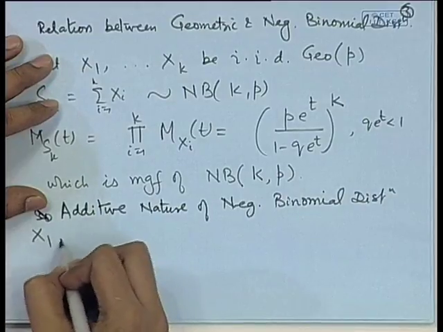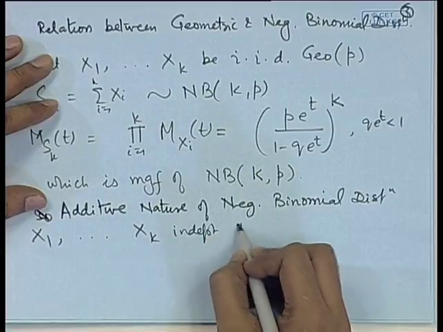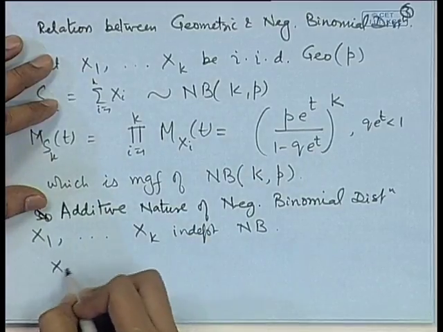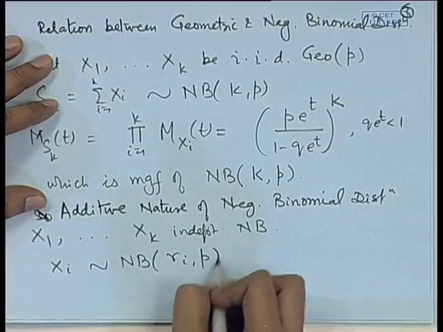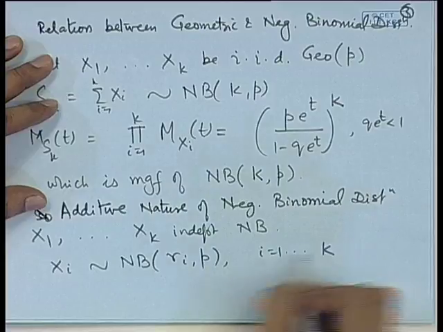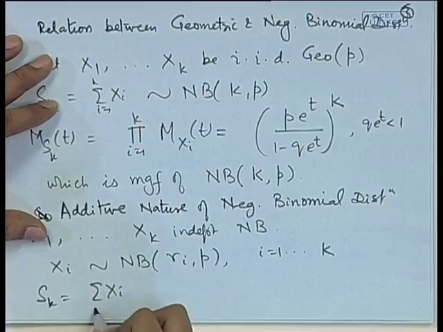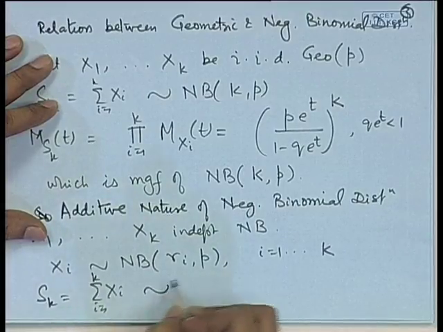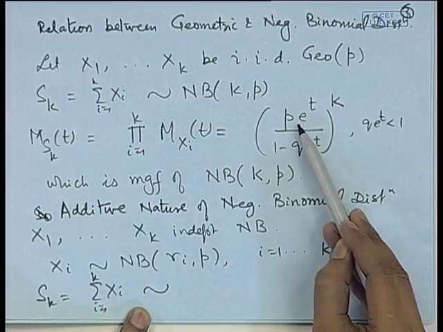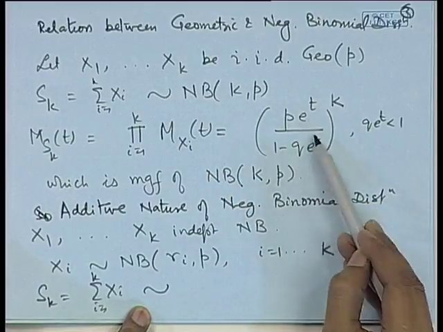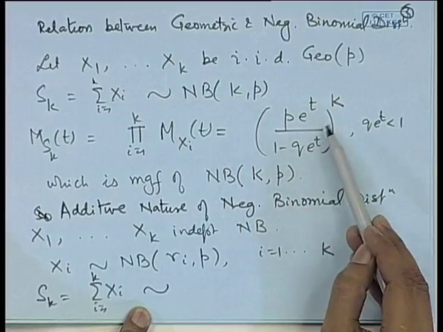So, if I have X1, X2, Xk independent negative binomials, and say Xi follows negative binomial with parameters say ri and p, i equal to 1 to k. Then if I consider the distribution of Sk, that is sigma Xi, i equal to 1 to k, then by this property, when we are multiplying the moment generating functions, I will be multiplying p e to the power t divided by 1 minus q e to the power t, to the power ri, for i equal to 1 to k.